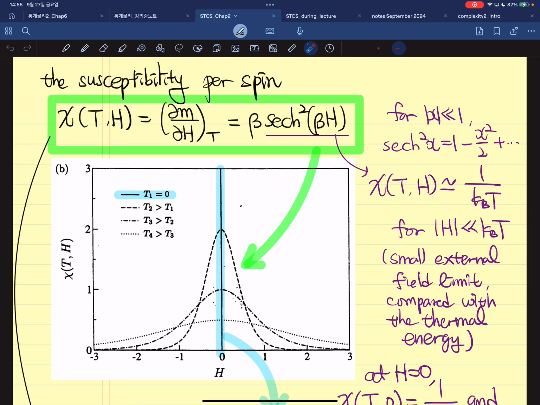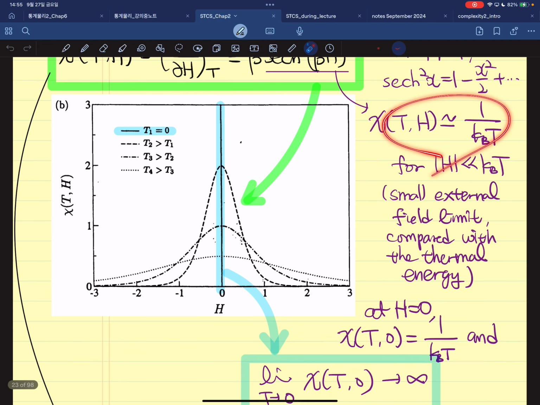So in this case, even if the functional form itself is quite complicated, hyperbolic secant squared, if you take a Taylor series expansion, we have this relation.